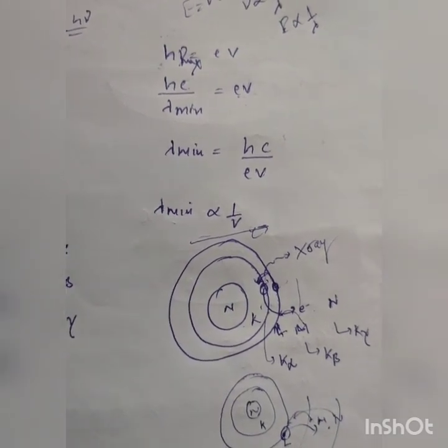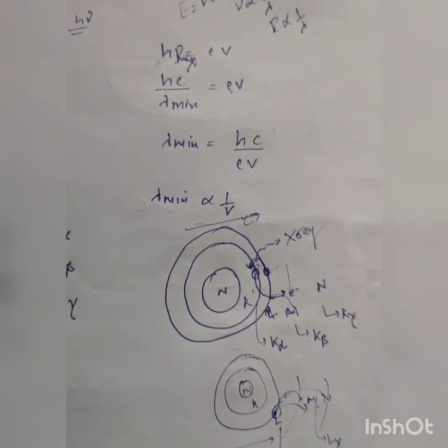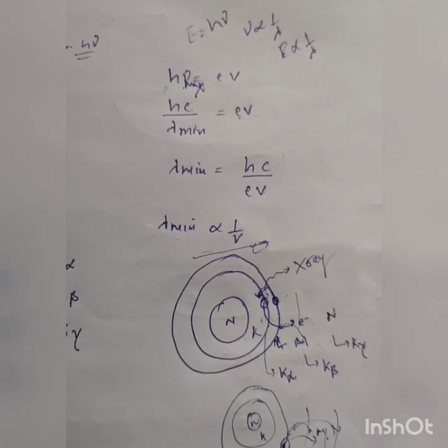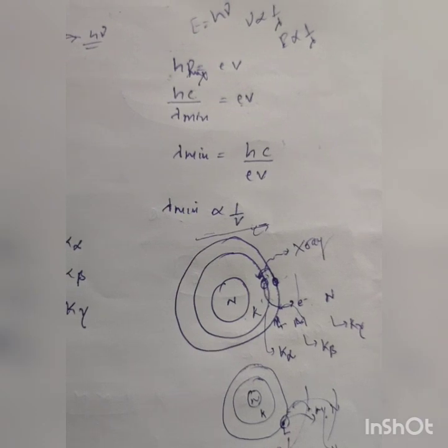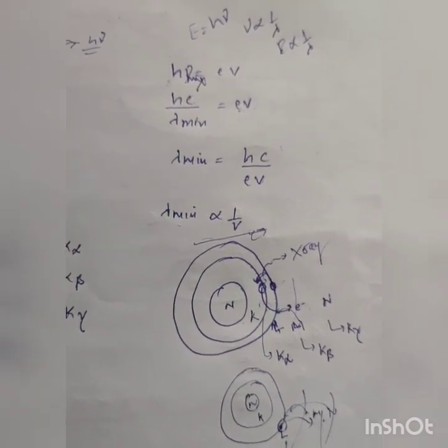This is called L alpha, this is called L gamma. So we can say that L alpha, L beta, L gamma are the lines of the L series of the characteristic X-rays.